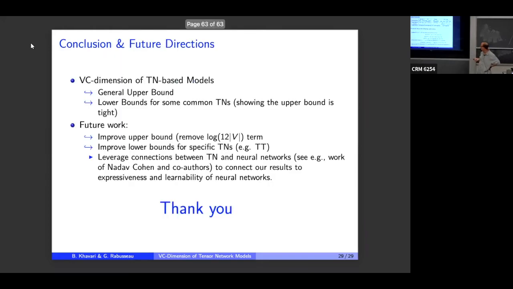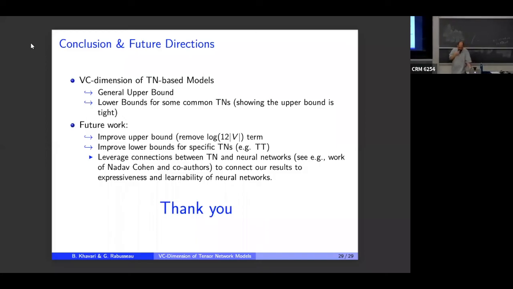In terms of finding a better construction, something that is interesting is that these tensor networks are somehow connected to neural networks, in some ways. Notably, Nadav Cohen and co-authors have worked a lot on this: there is a connection between tensor networks and some specific kind of neural network that are not used in practice.